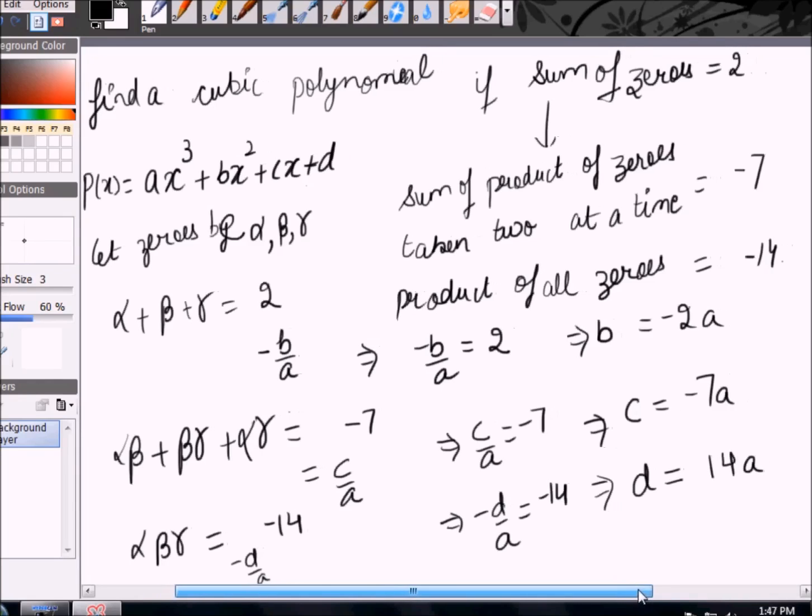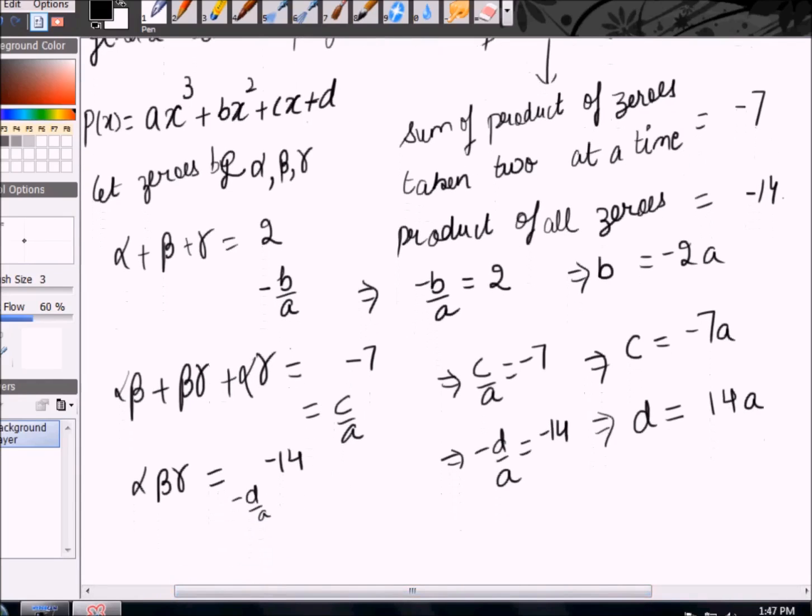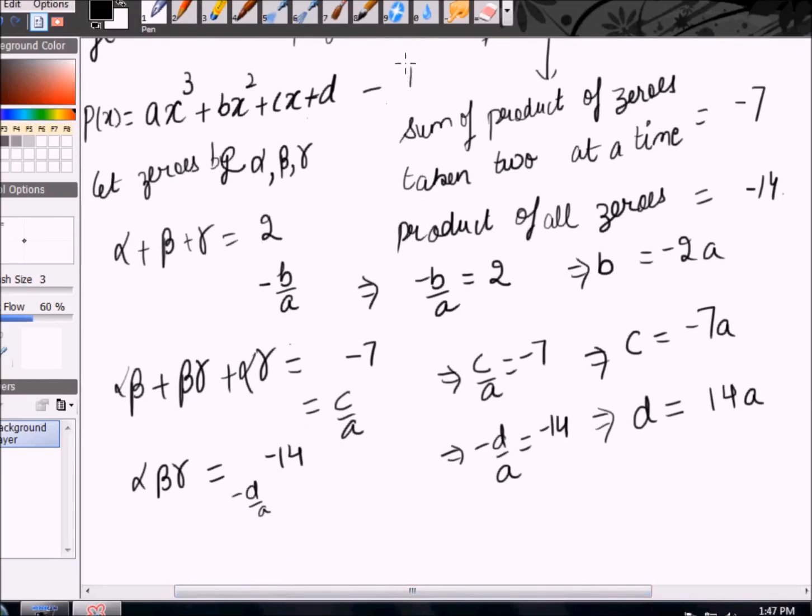Thus, if this is the first equation, we can write p(x) equal to a into x cube plus b, which is given as minus 2a, therefore minus 2x square.